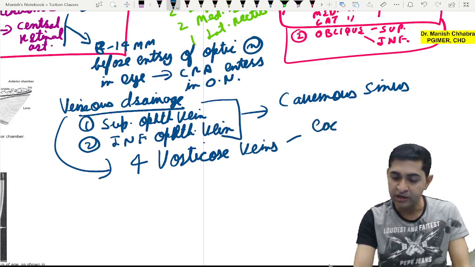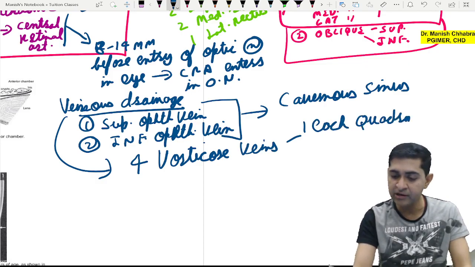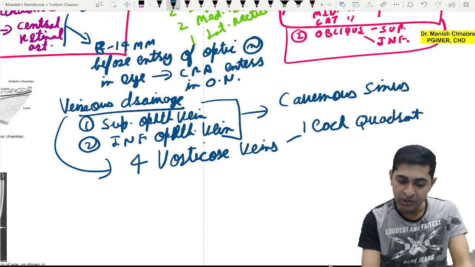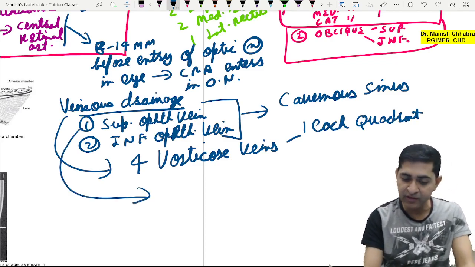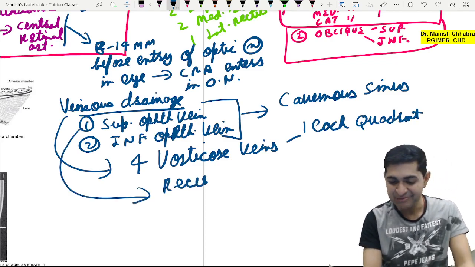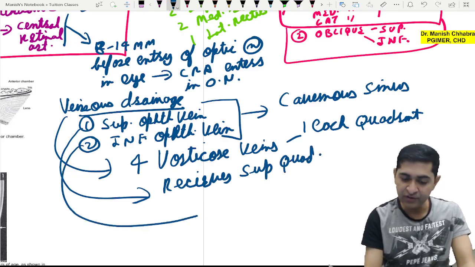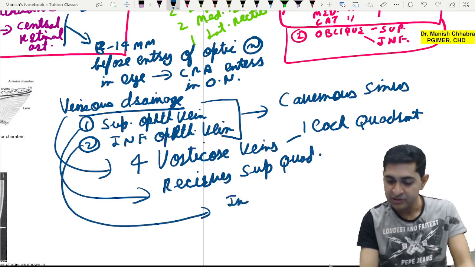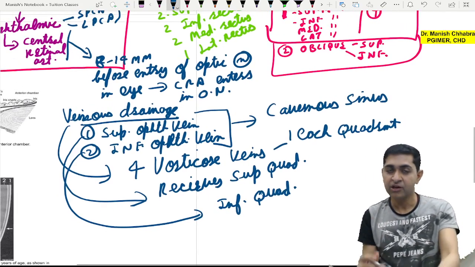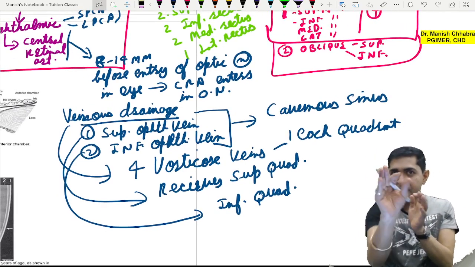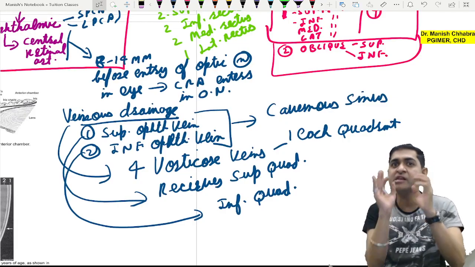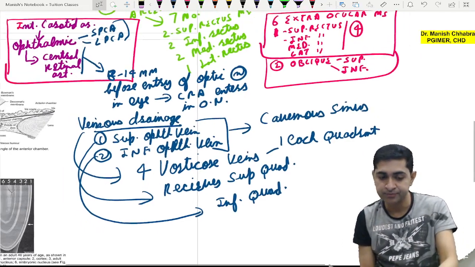The superior ophthalmic vein receives the superior quadrant, while the inferior ophthalmic vein receives the inferior quadrant. Now this is about blood supply, meaning artery and vein circulation of the eye.